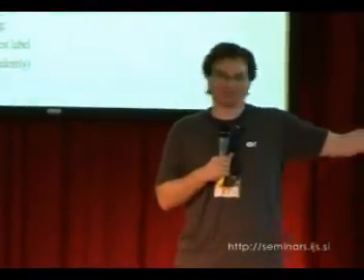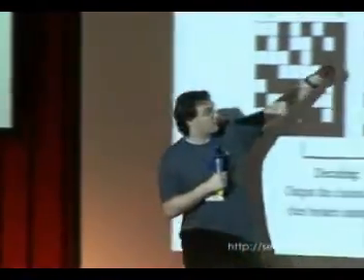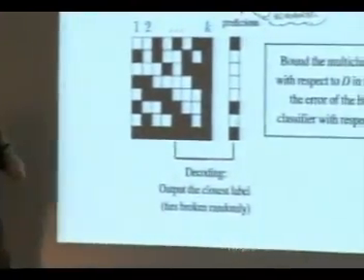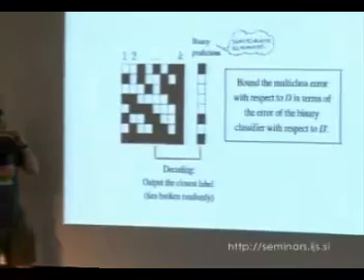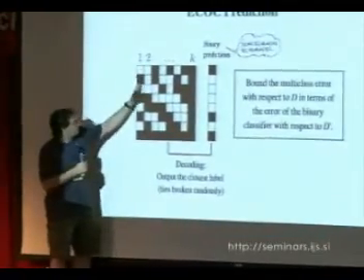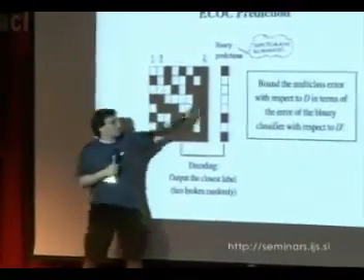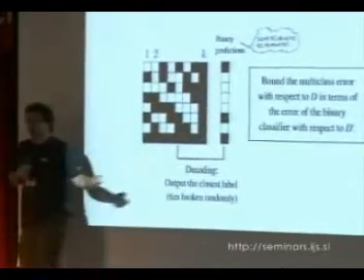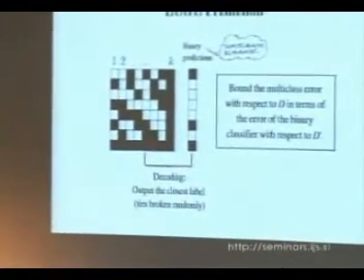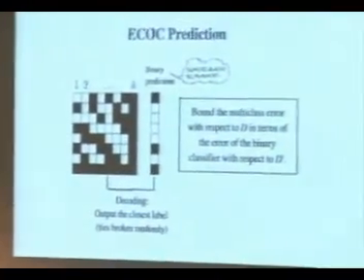Here's where I describe how you do the prediction. So you have a bunch of binary predictions, and you just ask yourself which of these columns agrees with this column the best, and you measure the best in terms of just Hamming distance. How many entries do you disagree on?